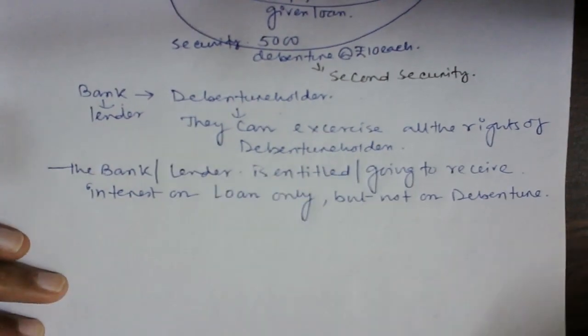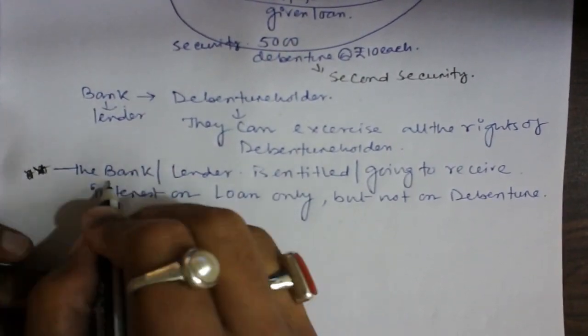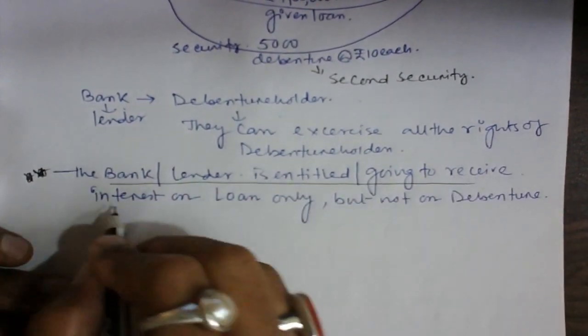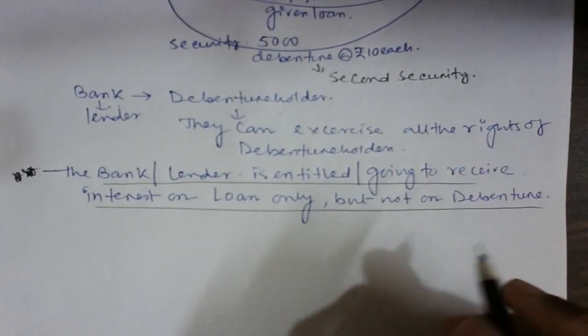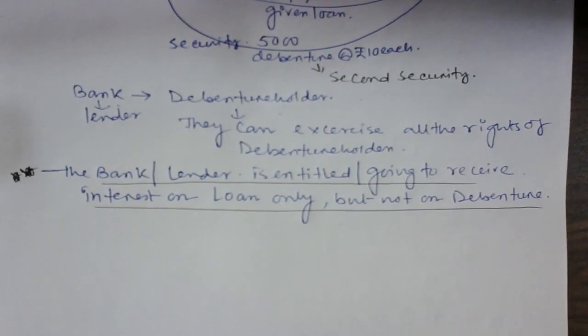It's quite an important point. Note it down, guys. The bank or lender is entitled to receive interest on loan only, but not on the debenture.